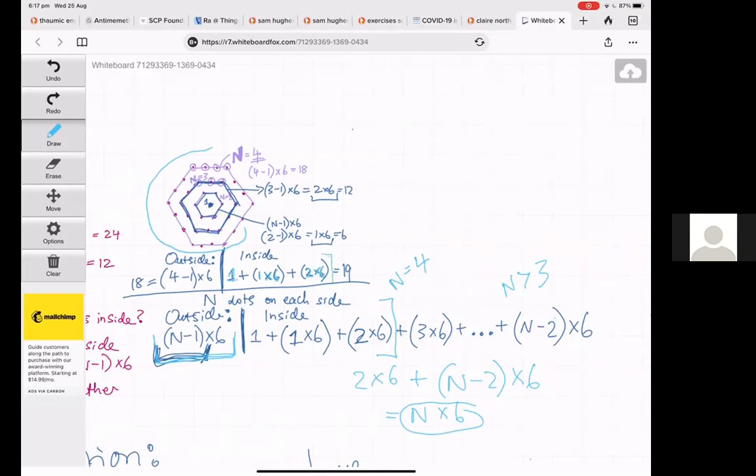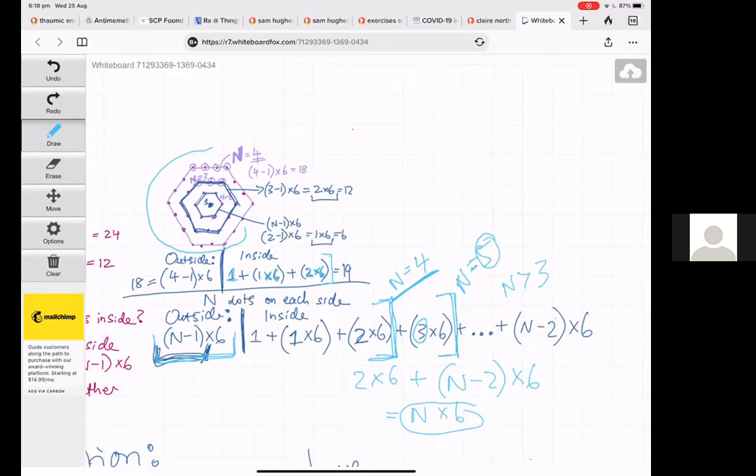We just stop at 2 times 6. In general, you stop at n minus 2, right? So we stop here when n is equal to 5. We always stop when it's 2 less than the number n.